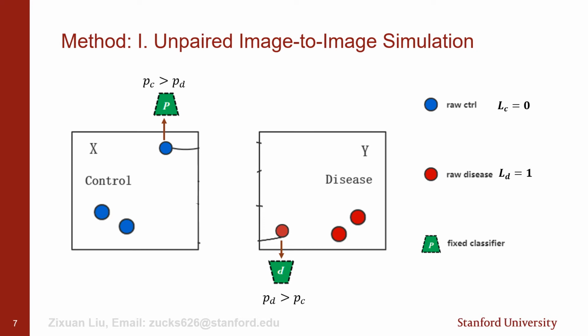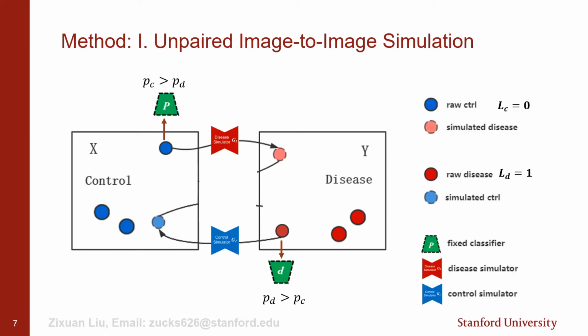The unpaired image-to-image simulation is to train two simulators, the disease simulator G1 and the control simulator G2. G1 will transfer the control image to a simulated disease image, and G2 will transfer the disease image to a simulated control image. Equivalently, we can think of the simulators as injecting or removing the disease pattern in the raw image, while at the same time preserving the subject-specific pattern and trying to fool the classifier using the simulated image.